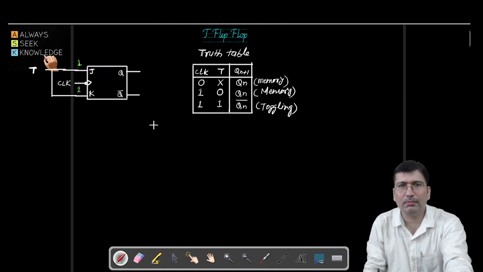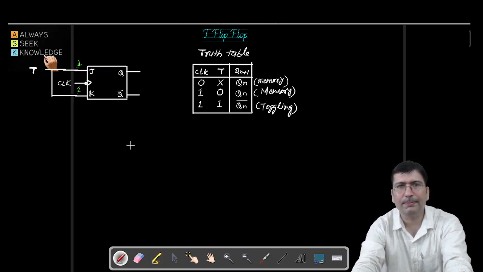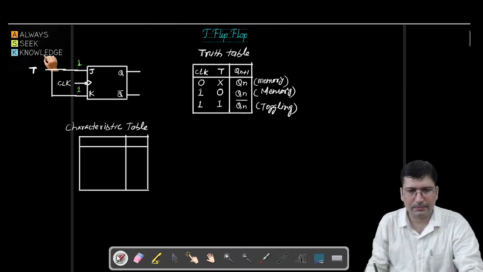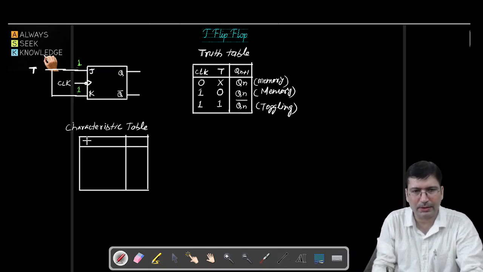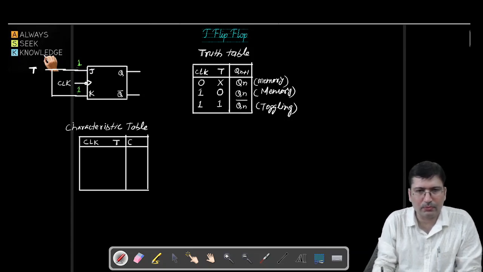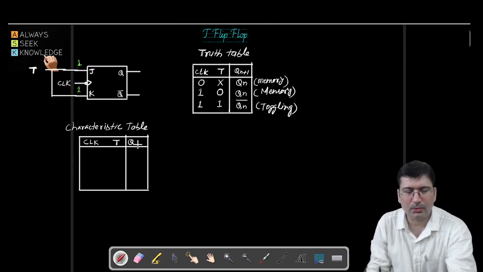Let's draw the characteristic table and excitation table of the T flip-flop. In characteristic table, we have two things. Like first thing is clock, and we will have the value of T. Based on these two values, we will be predicting Qn plus 1.